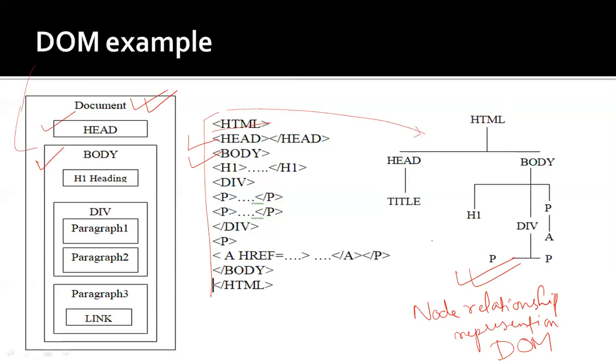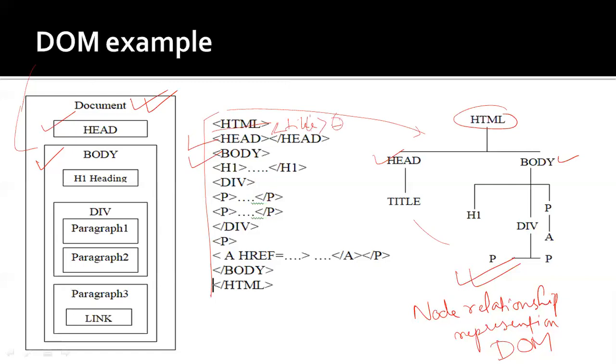This is the entire document. The entire document contains the root element HTML, and the root element node has two child nodes, that is head and body. Inside the head section, we can write title. Then there may be some text.